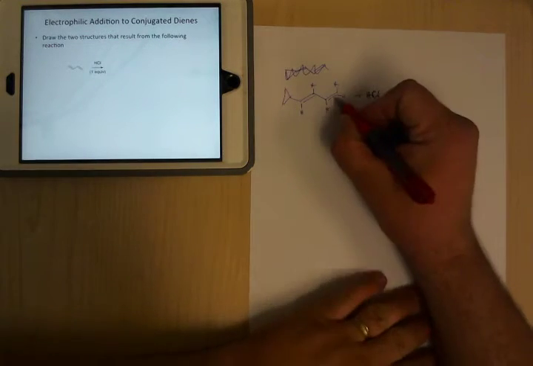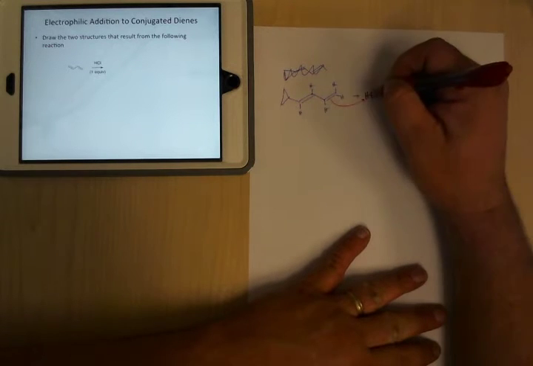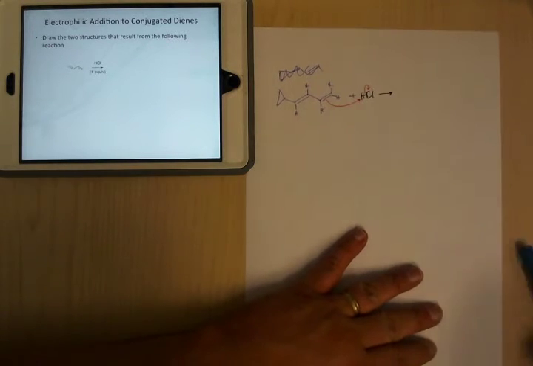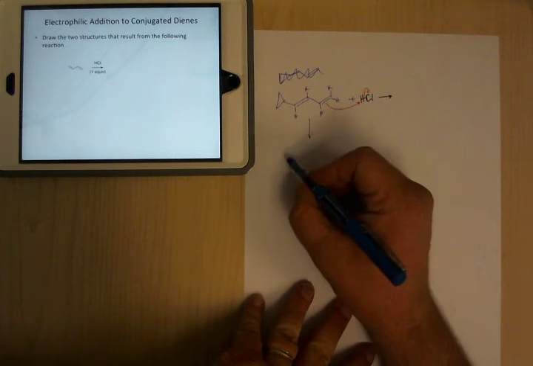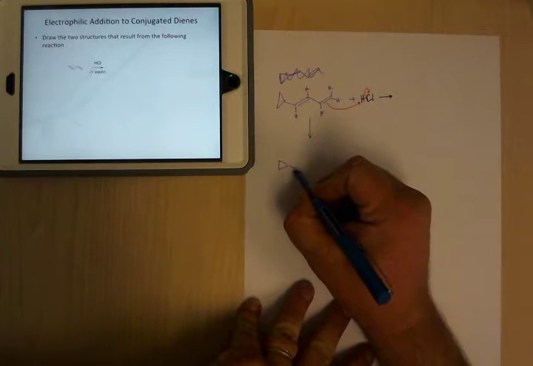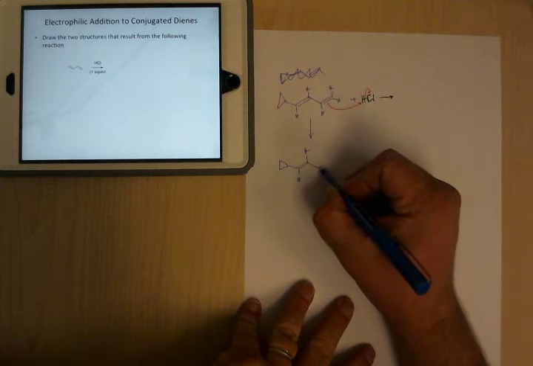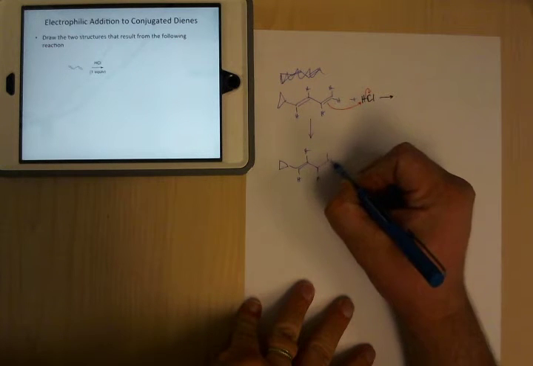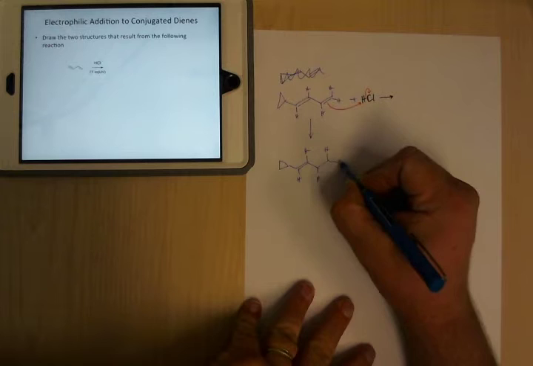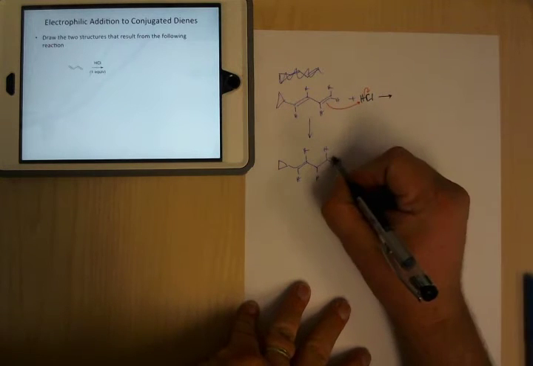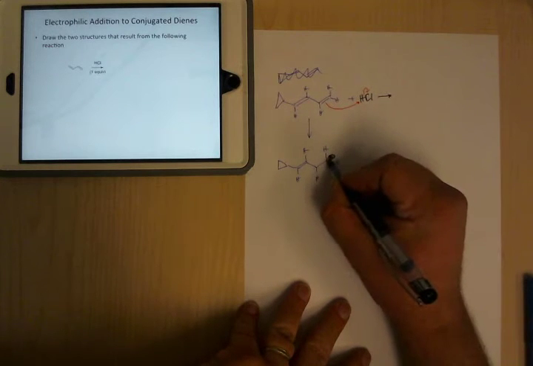So the first one's going to happen. So this goes in, attacks that, moves that over, and so you end up with this there. So you end up getting that product. Not that. You end up getting a hydrogen here.